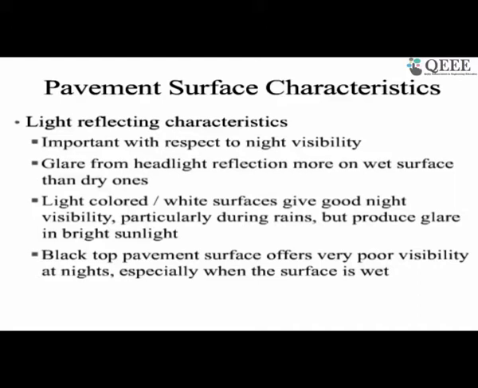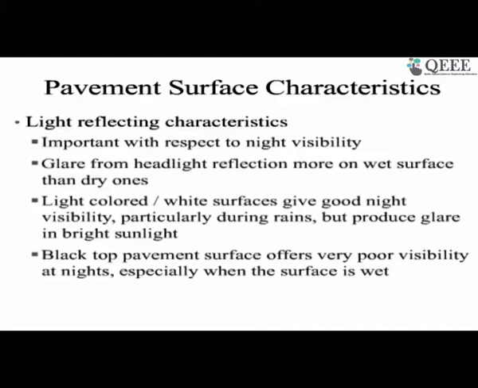So we want to consider a pavement surface where there is minimum glare during these conditions. And if you look into the night condition, then at night we'd like to see a pavement which is of light color, so that it reflects more light.